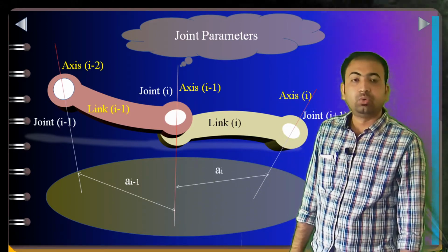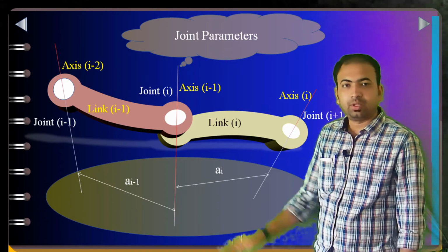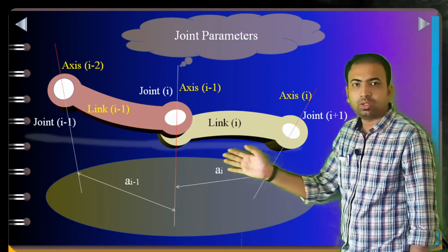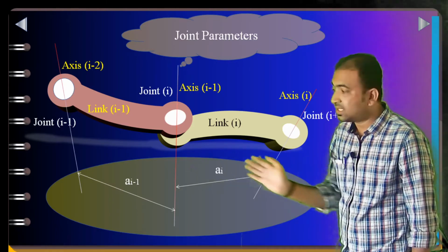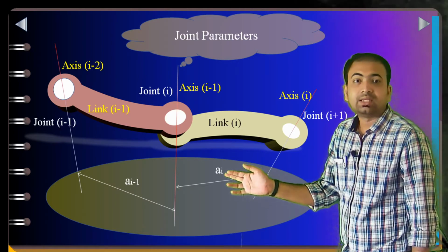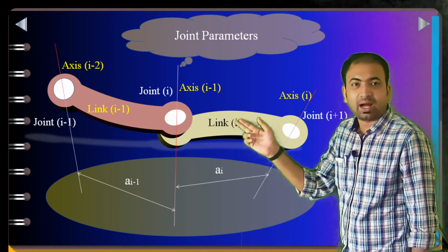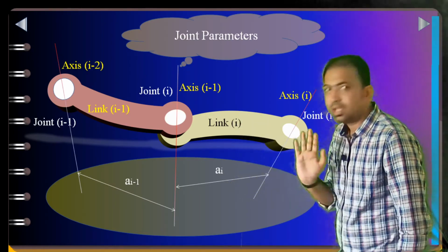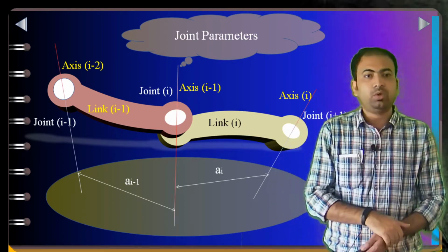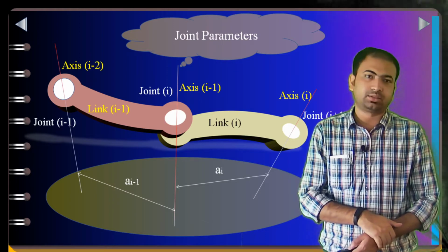Similarly, we will draw the common normal between this axis and this axis, and that common normal will be ai. This is the link length of link i, represented by ai. So this is our first work: we found out the link lengths.